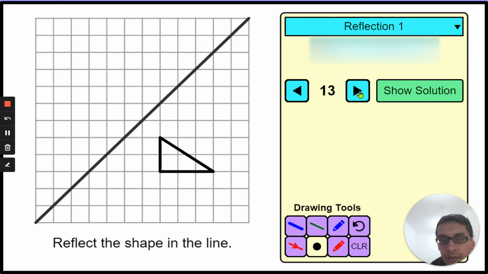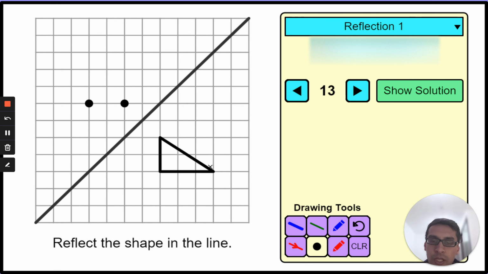Okay, for 13, reflect the shape in the line. You can see we're going to go one diagonal across here. And in this case, we're going to go 1, 2, 1, 2.